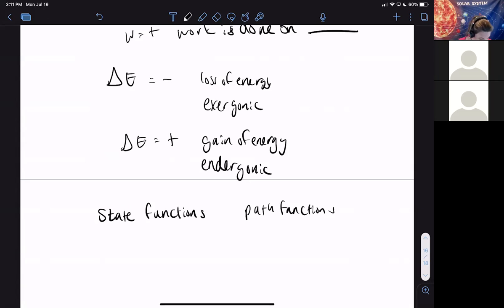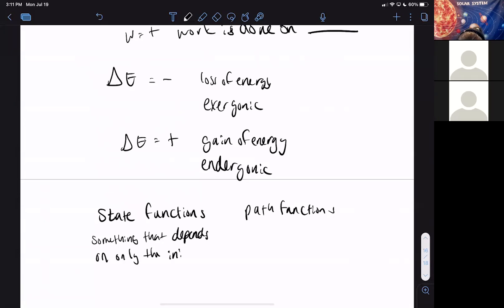A state function is a state that depends only on the initial and final states.